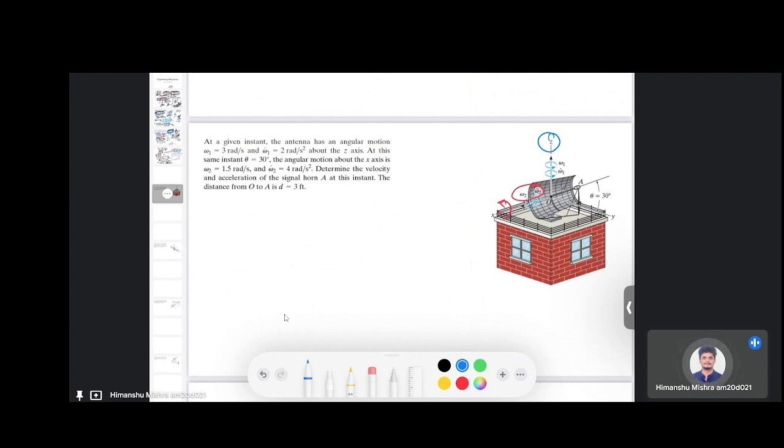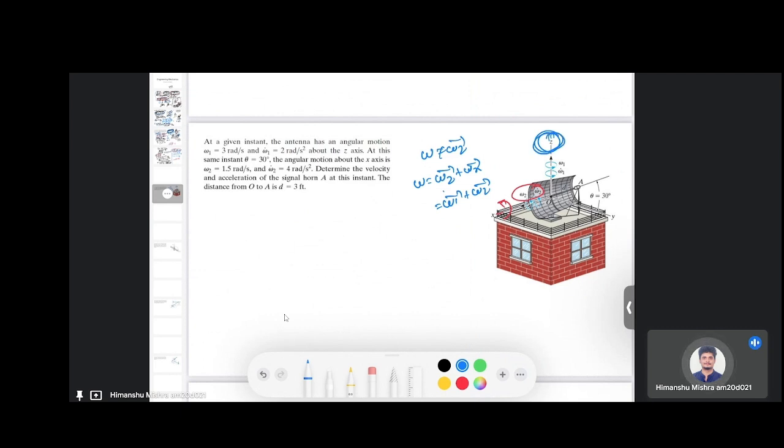So the spin of this antenna is not equal to just omega 2. Since we have also given the angular velocity at the z-axis, it will be equal to omega z plus omega x. So omega z is omega 1, so it will be omega 1 plus omega 2. So this will be the resultant angular velocity of this antenna.